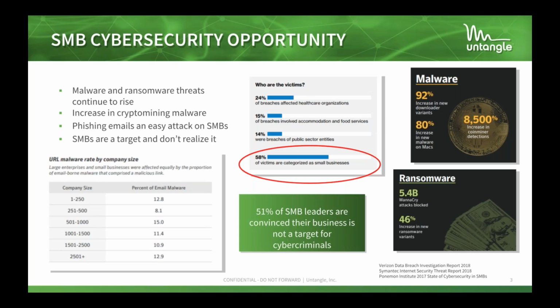There's been an increase in crypto mining malware. This is nasty as it steals all the resources from your local machines, whatever's basically attacked. Phishing emails are always an easy attack on SMBs, and they're a target and don't realize it, and that's a big problem.